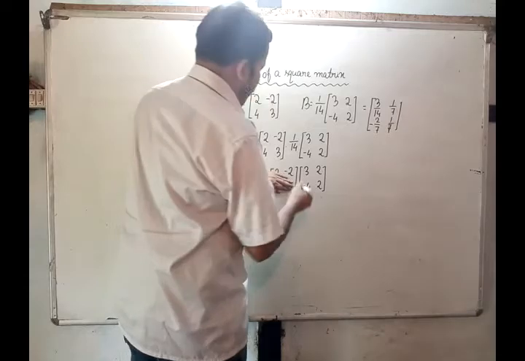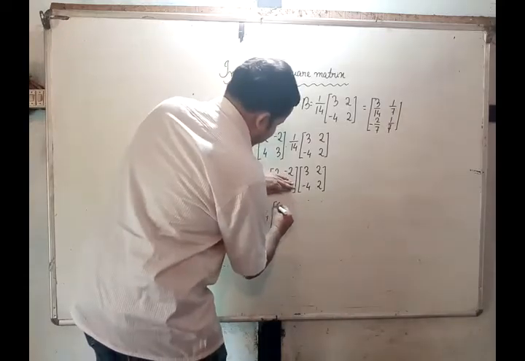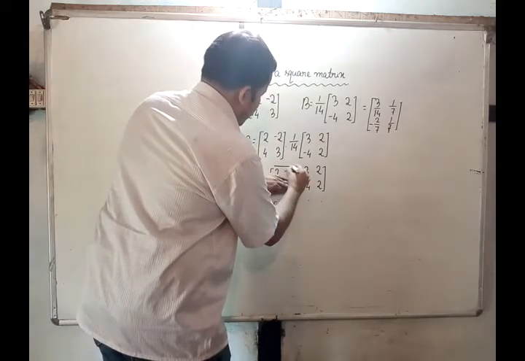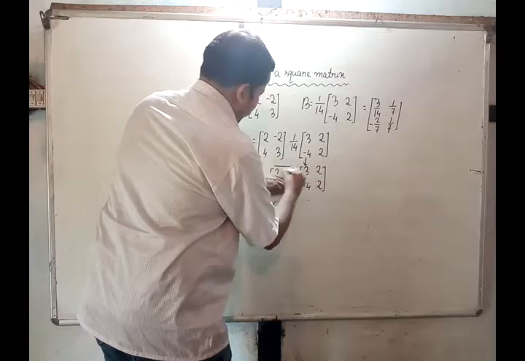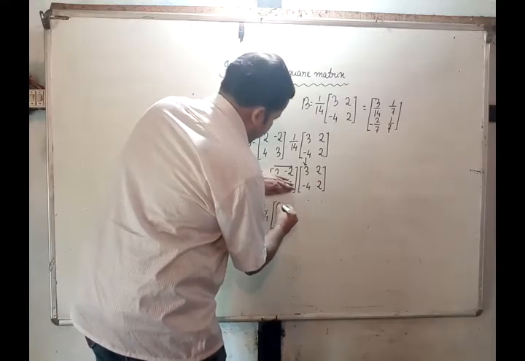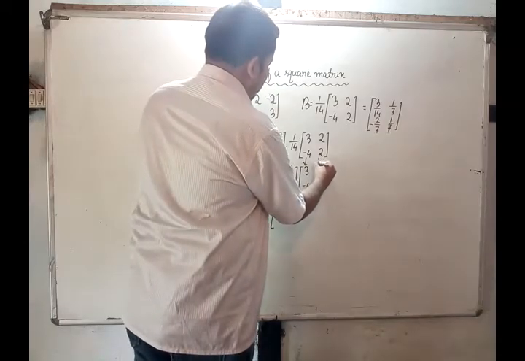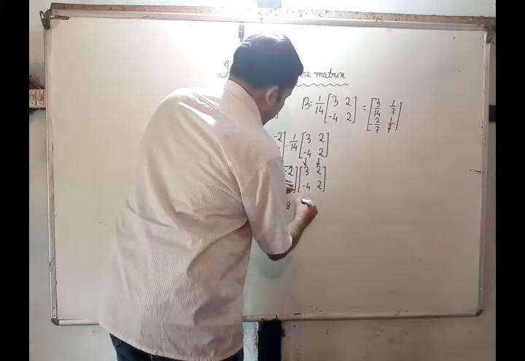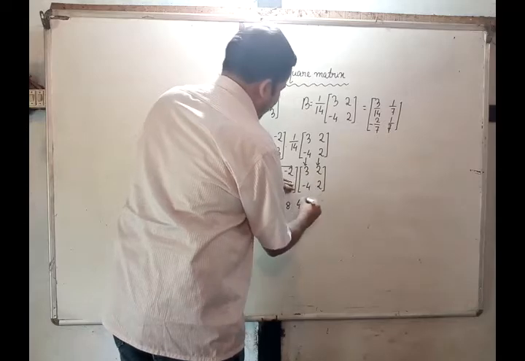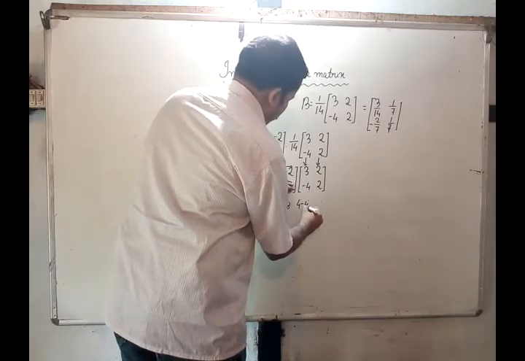First row, first column: 2 into 3, 6, minus 2 into minus 4 is plus 8. First row, second column: 2 into 2, 4, minus 2 into 2 is minus 4.